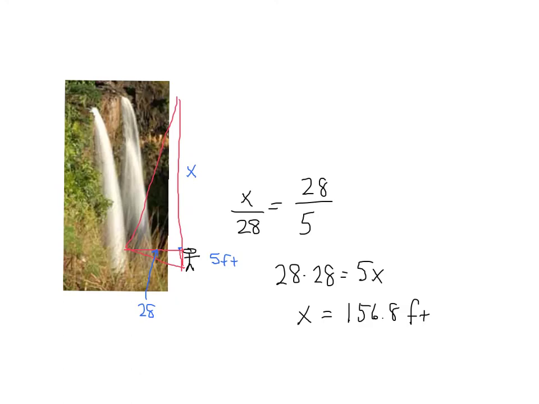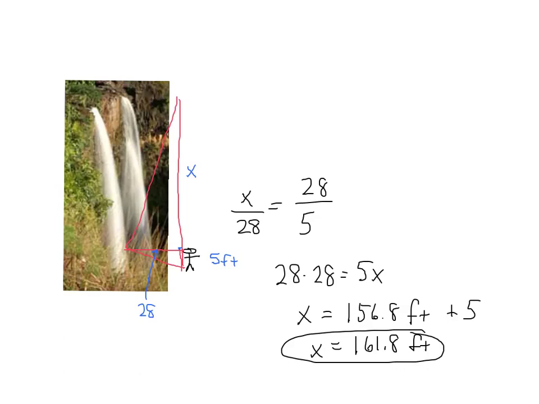Well, we would normally think, well, 156.8 feet, but don't forget that you have this 5-foot segment right here. Because the person standing and measuring the waterfall, that eye level is 5 feet off the ground. So we would need to still add 5 to make up for the piece of the hypotenuse that we need to add in. So the height of the waterfall would be 161.8 feet.